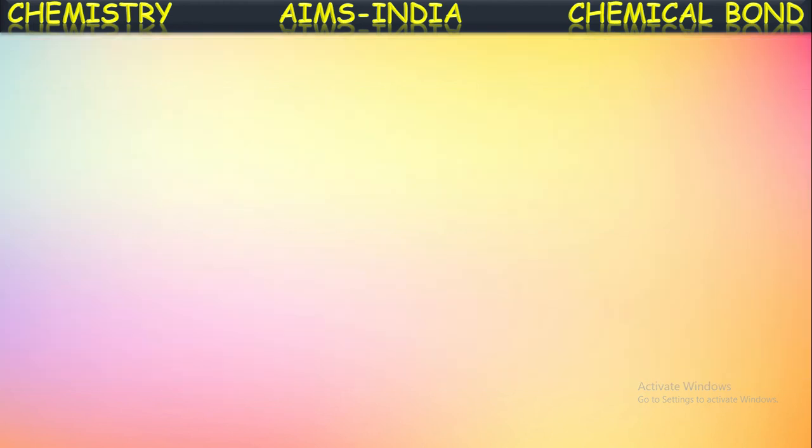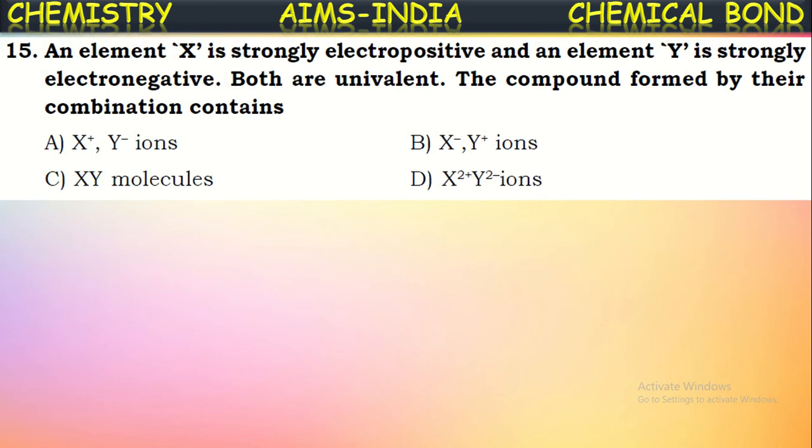Okay, next one. An element X is strongly electropositive and an element Y is strongly electronegative. Both are univalent. The compound formed by their combination contains. So X is strongly electropositive and it is mentioned here that it is univalent.